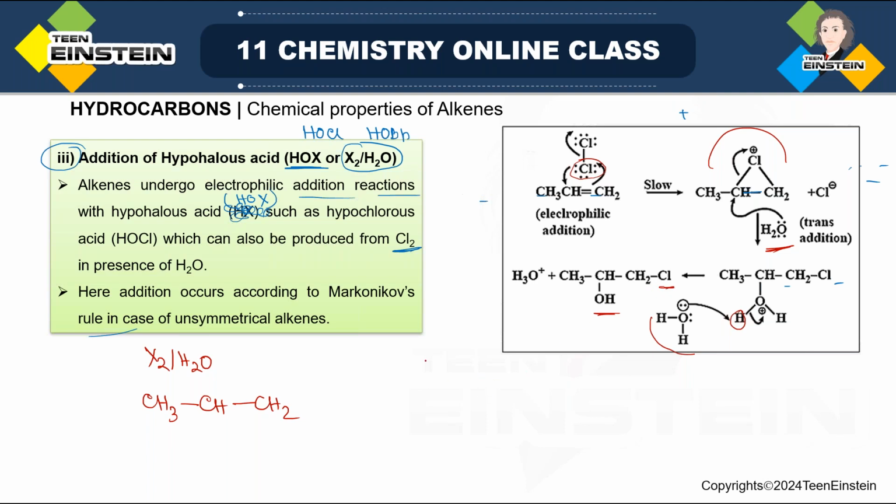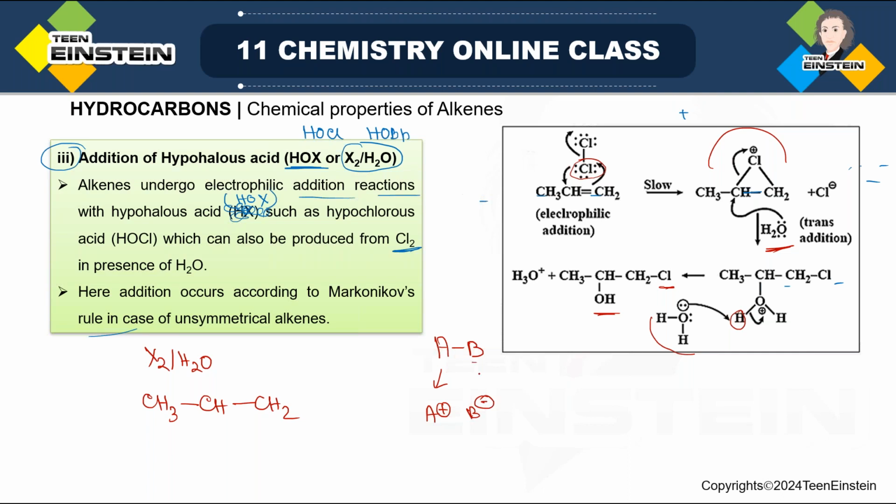Now here, what is Markovnikov's rule? I will say it as simply as possible, because the details of Markovnikov we will discuss in the next class. It will take some time. Markovnikov's rule basically says that when you have an unsymmetrical reagent of AB type, depending on electronegativity, one will generate the positive part, another will generate the negative part.